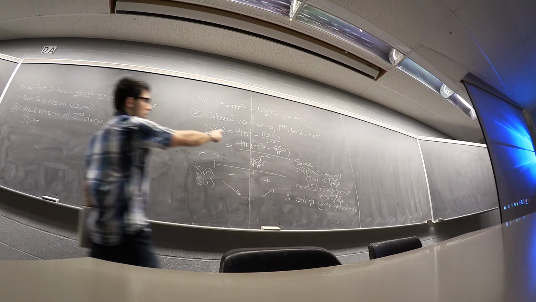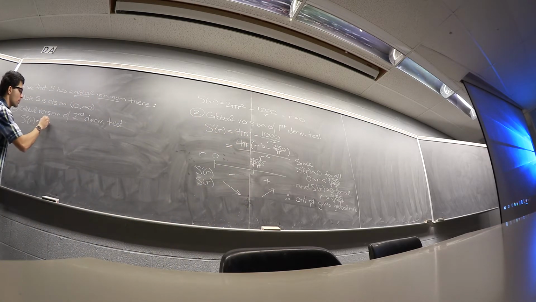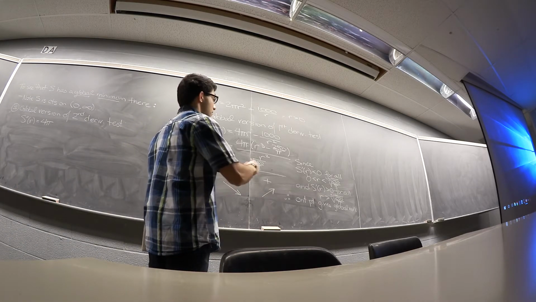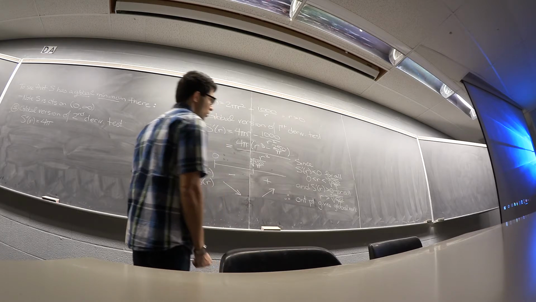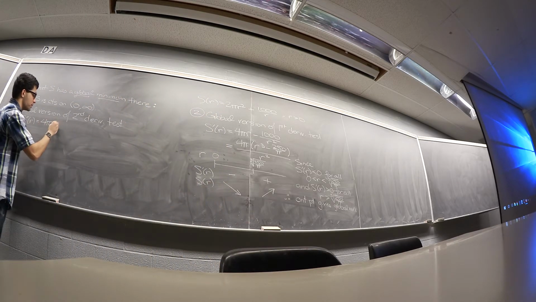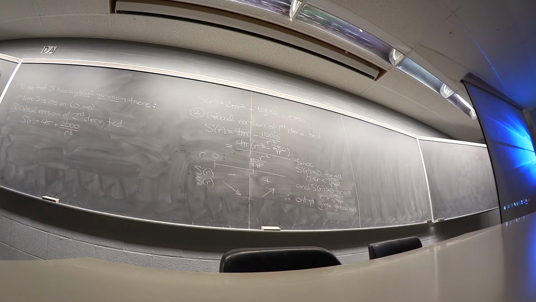Differentiate that puppy, and what do we get? We get 4 pi plus 2,000 over r cubed. Okay, good?